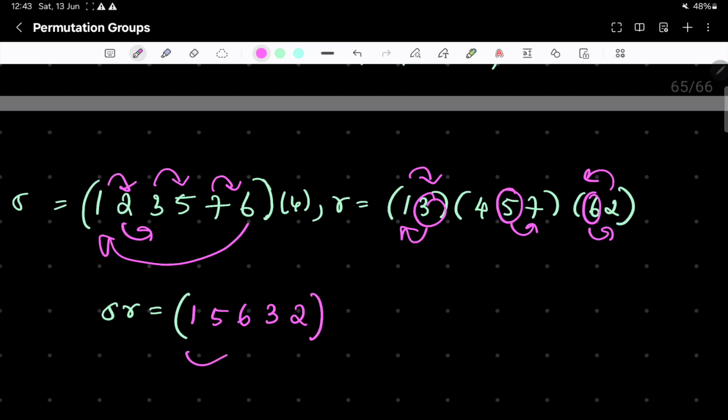Now what is not in this cycle? 4 is not there, so you start from 4 now. 4 goes to 5, 5 goes to 7, right? Now 7 you start, 7 goes to 4, so you close.